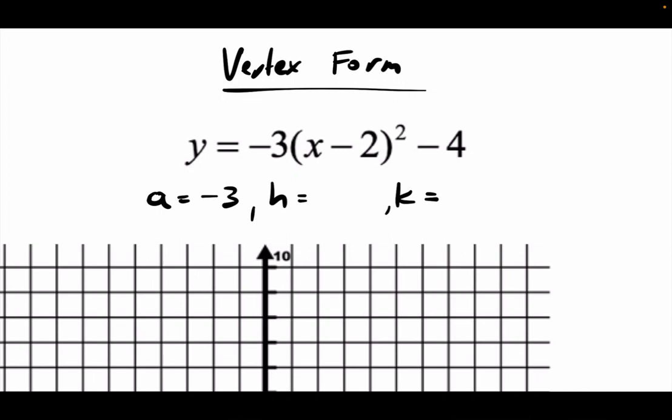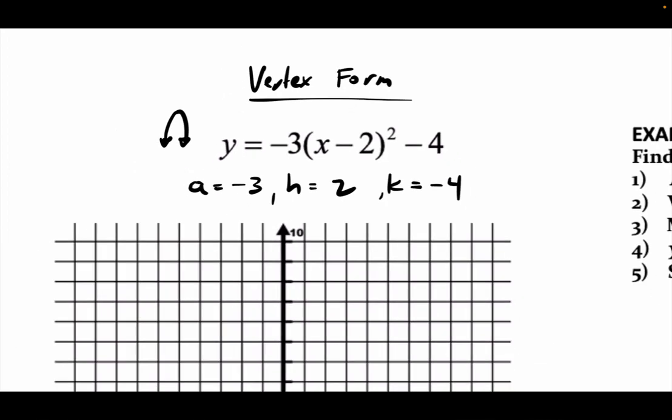Down, yeah. Okay. H. Remember, H is a liar. So it looks like -2, right? But it's actually +2, yeah. K tells the truth, -4.